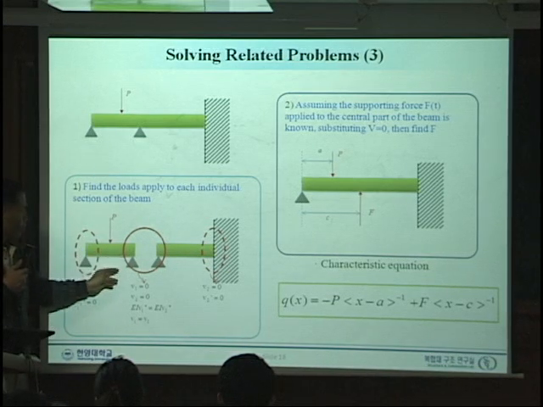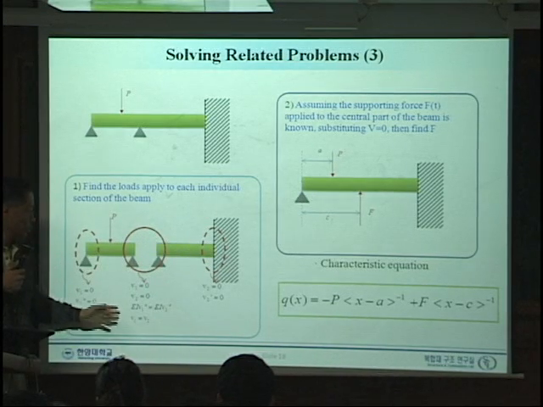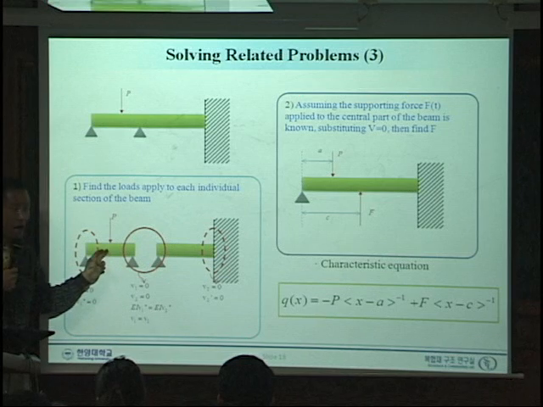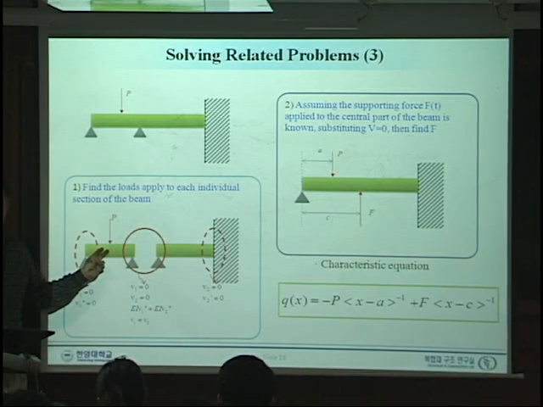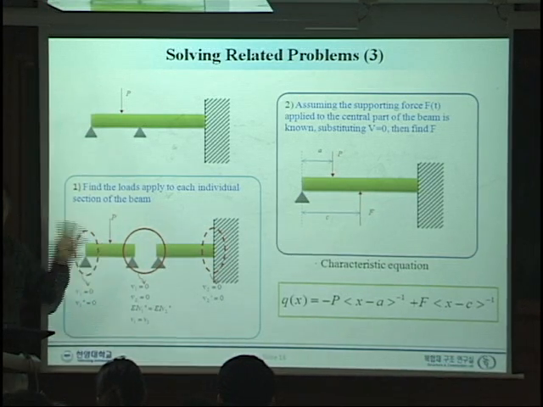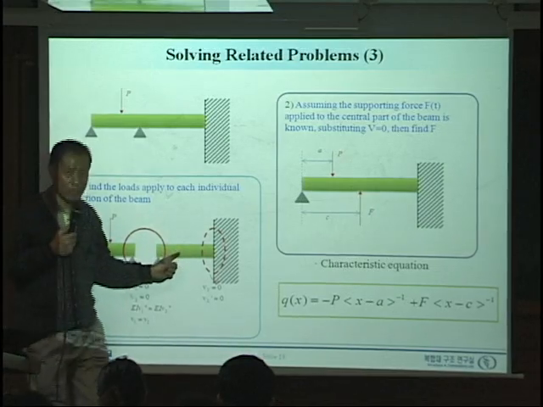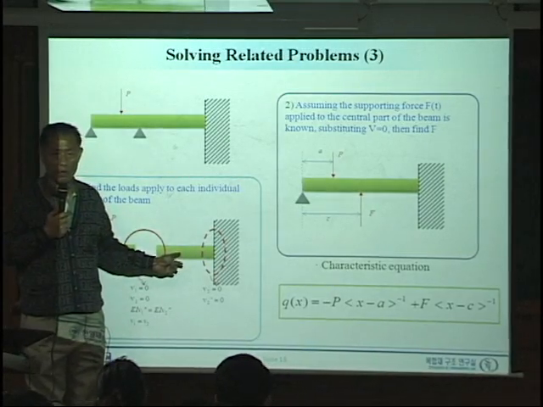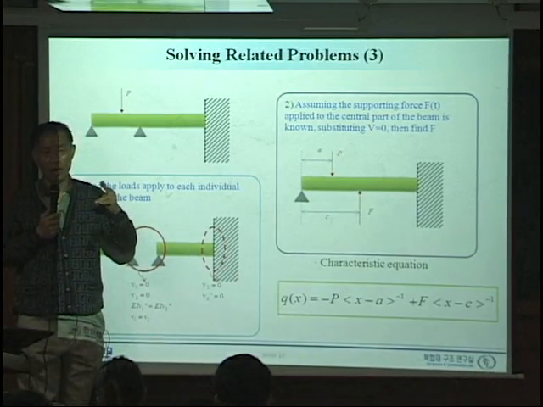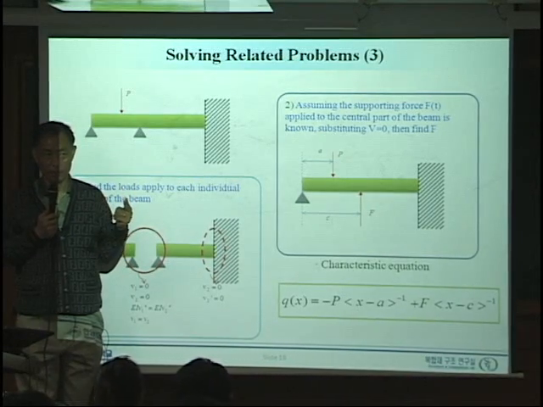So when you solve, how many integration constants are you going to have? 4, right? If you solve this one, how many integration constants? 4. Totally you have 8 constants.